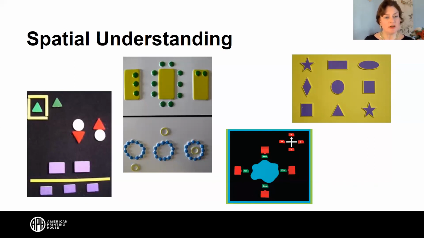Now, this is an interesting concept because you think, oh, on top of is always as it's displayed here, but on top of could actually be if the child takes that circle and places it literally on top of the triangle. So there are some spatial skills there that can be tricky if you don't intentionally teach all the different ways that that concept can be experienced.